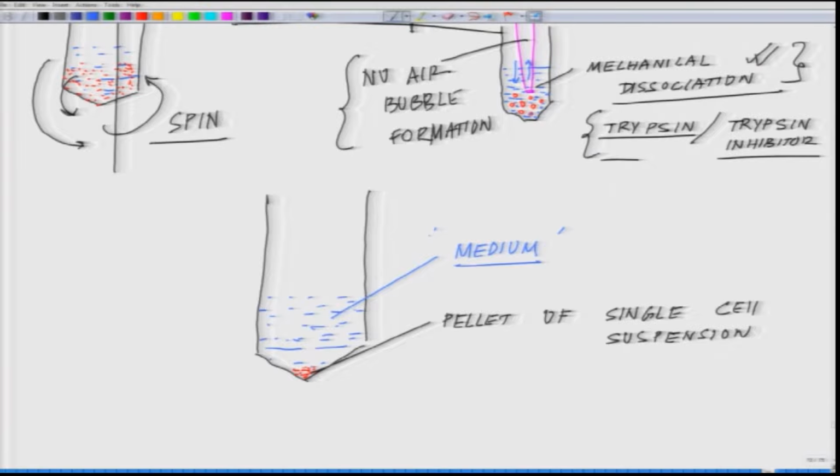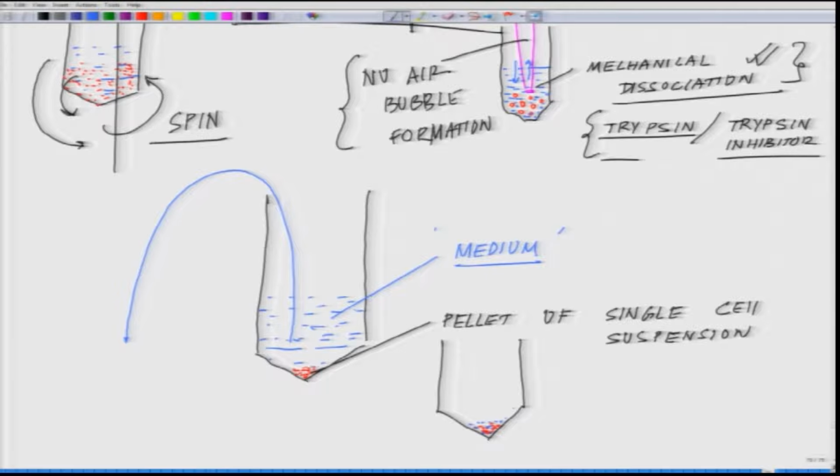Now, the next step is you aspirate out the medium from here. Of course, keep a very little bit of medium, good enough, so that it does not get dry. Now, you have a single cell suspension here.